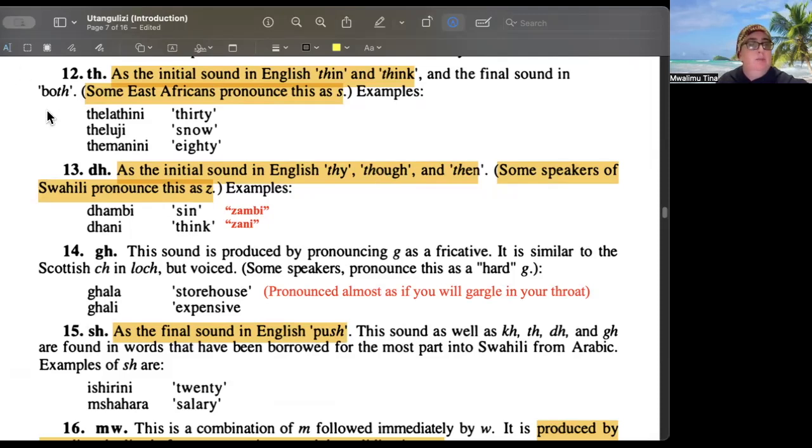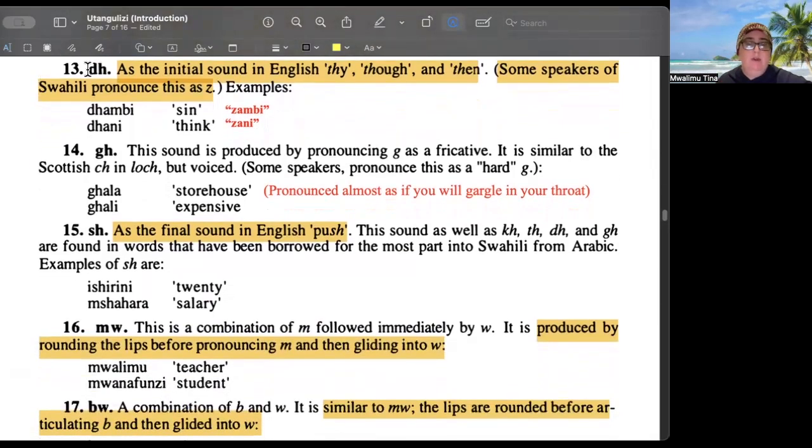But in proper coastal Swahili, it would be pronounced, for example, thelathini, theluji, themanini. But don't be surprised if you hear selasini, saluji, semanini. Keep your ears open.